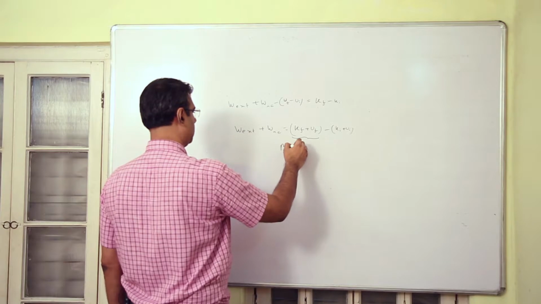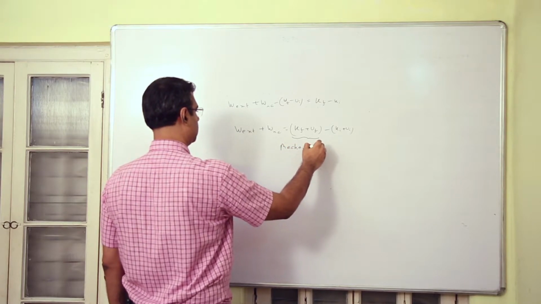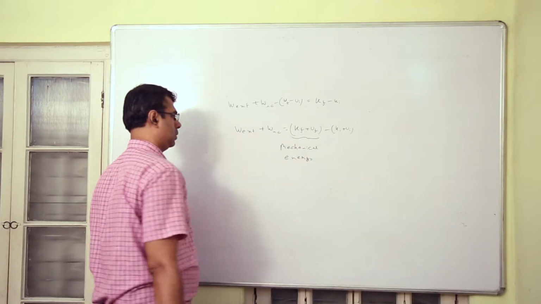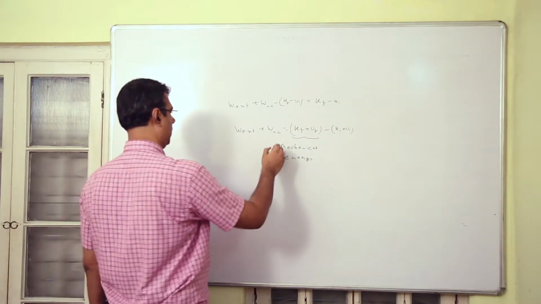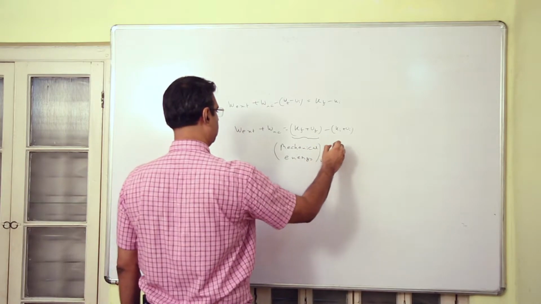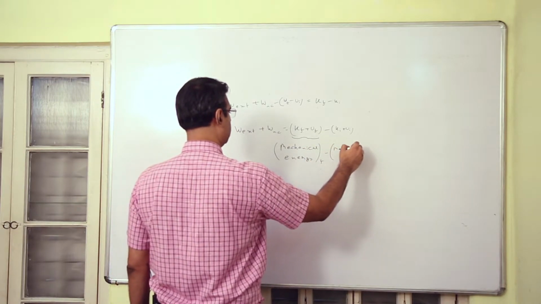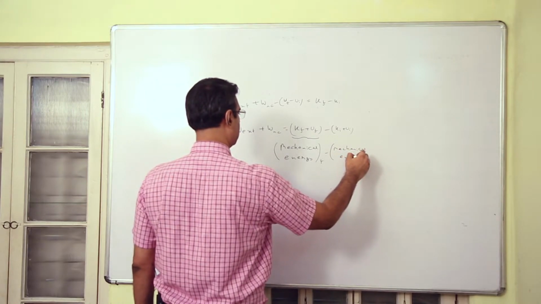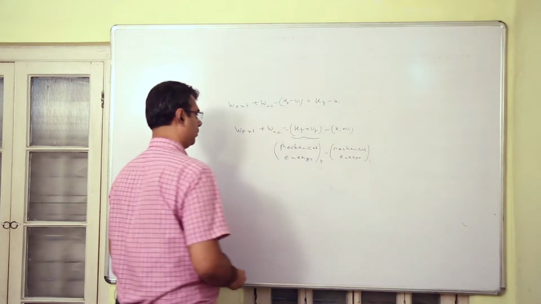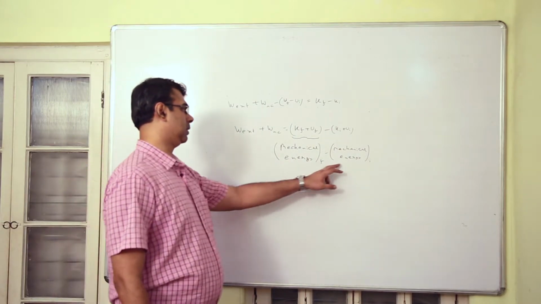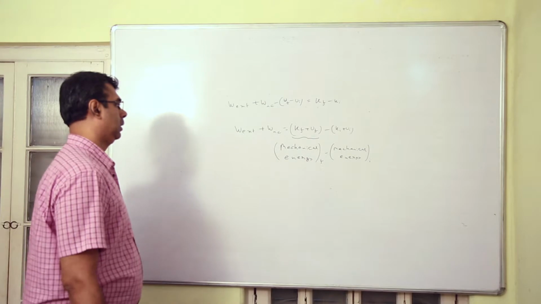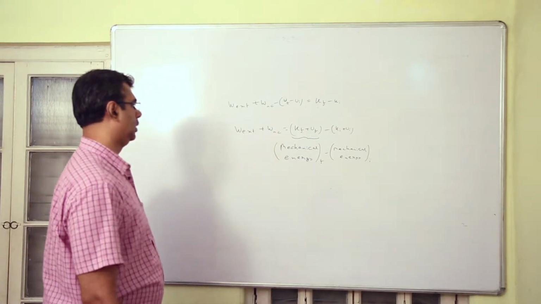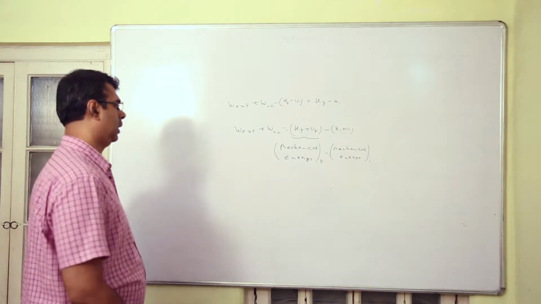Incidentally, this sum is called mechanical energy. So we can say that the final mechanical energy minus the initial mechanical energy is equal to work done by external forces plus work done by non-conservative internal forces.